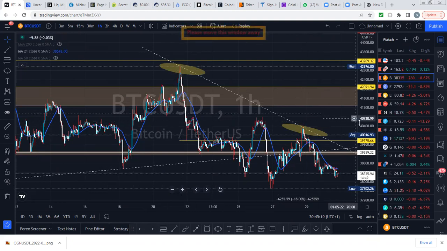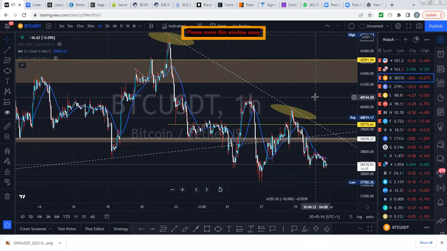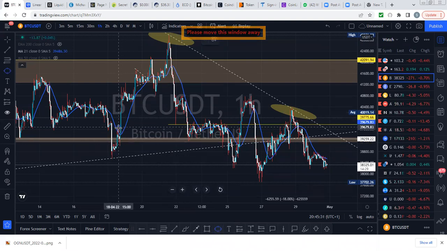Like on this H1, when price is moving above a moving average, you can see that price is above here. Look at it here. You can see this one is above. When price is moving above the moving average, the trend is considered what? Uptrend.